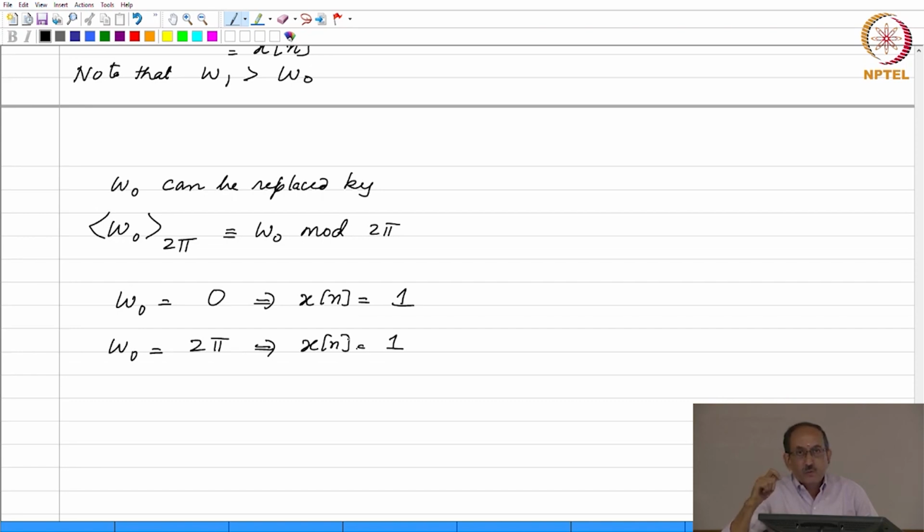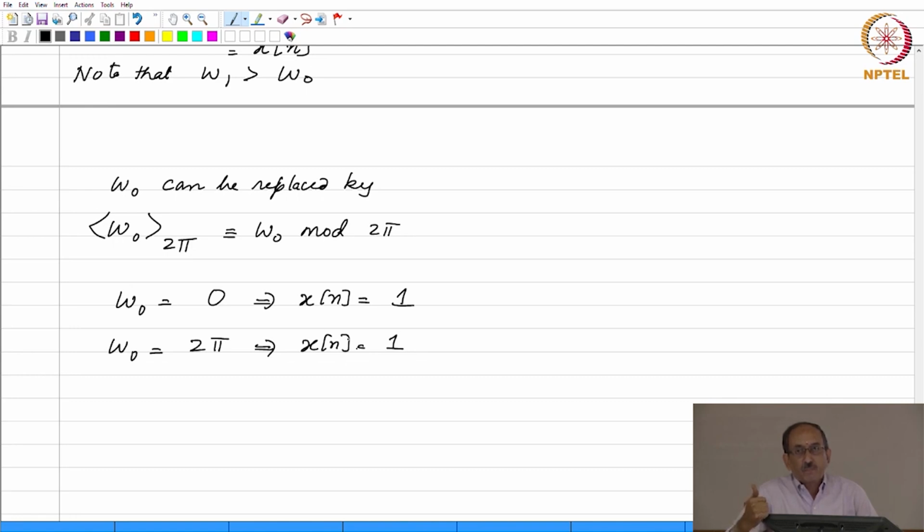So what we will do is look at a simple real valued sinusoid. We will vary the frequency of oscillation from 0 to 2 pi, and then see how the oscillations vary. Do they increase? If they do, then it appears there will be a maximum rapidity of oscillations, because when you hit 2 pi you will have to get back the same DC sequence.